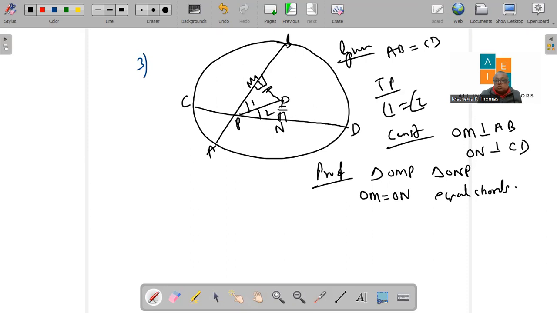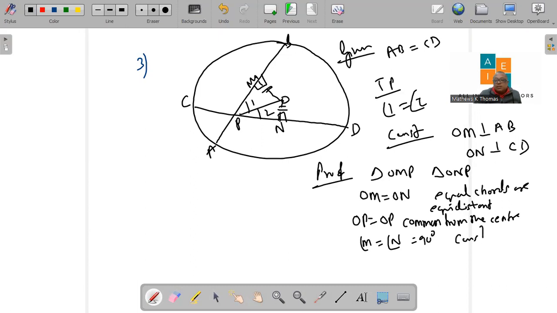Equal chords are equidistant from the center. So OM is equal to ON. OP equal to OP, common. And angle M equal to angle N, 90 degrees by construction.